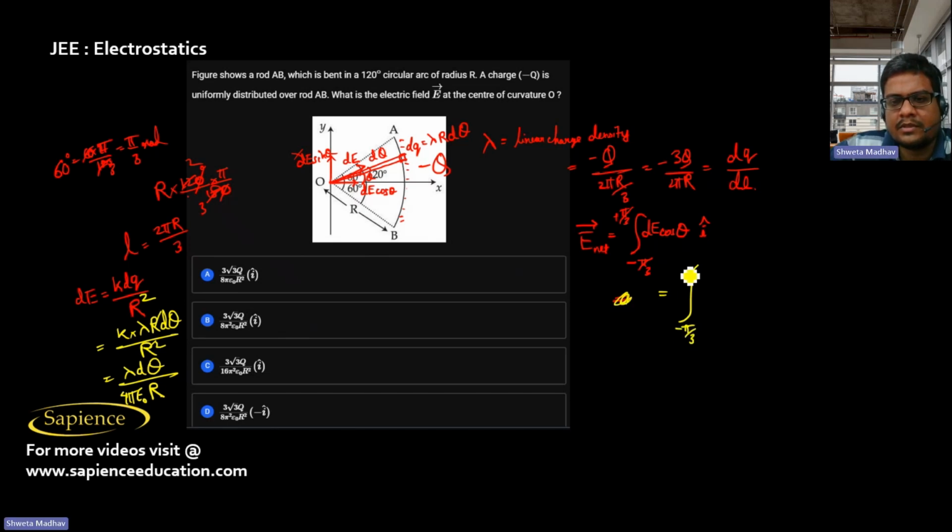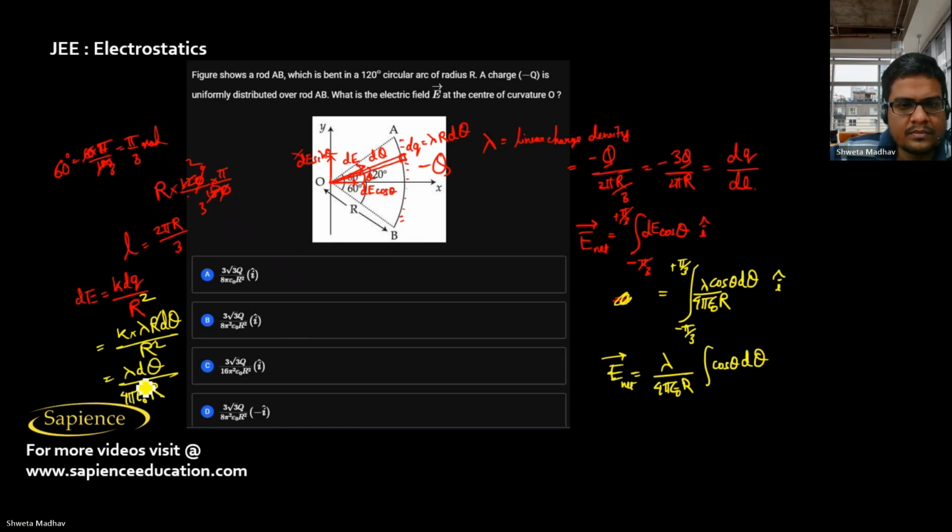So this is minus pi by 3 to plus pi by 3. Lambda by 4 pi epsilon naught r cos theta d theta I cap. So therefore the net electric field will be equal to lambda by 4 pi epsilon naught r, integral cos theta d theta from minus pi by 3 to plus pi by 3.